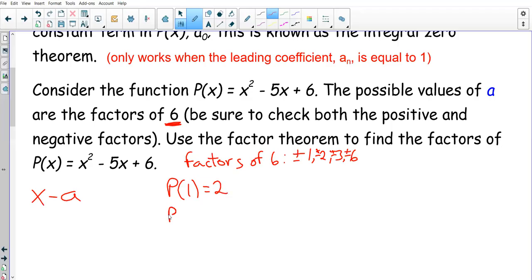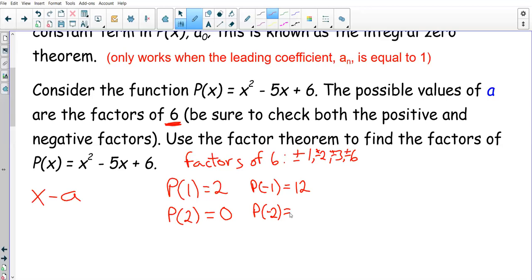That's not a factor, which we already knew, but we're going to do this anyway. Let's do -1 first. So p of -1 gives me 1 plus 5 plus 6, so that gives me 12, so that's no good. P of 2, so I get 4 minus 10 plus 6. That's equal to 0. That means x minus 2 is a factor.